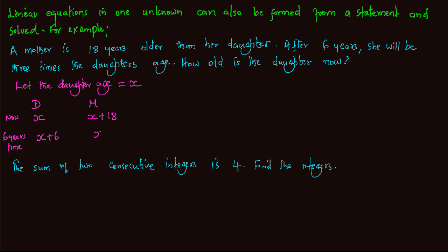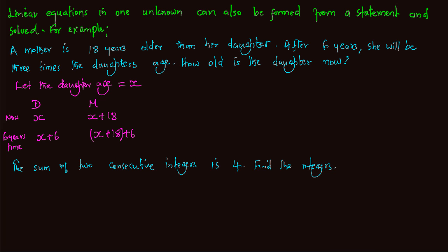The mother shall also have added 6 years. So the daughter's age will be x plus 6. The mother's age will be x plus 18 plus 6 years. And the statement tells us that in 6 years' time, she will be 3 times the daughter's age.